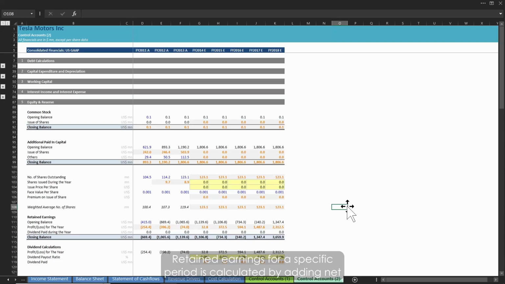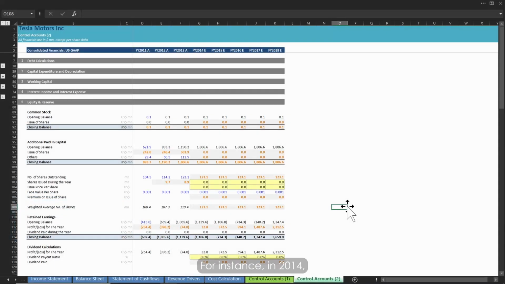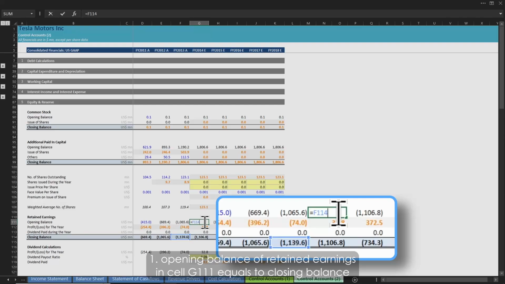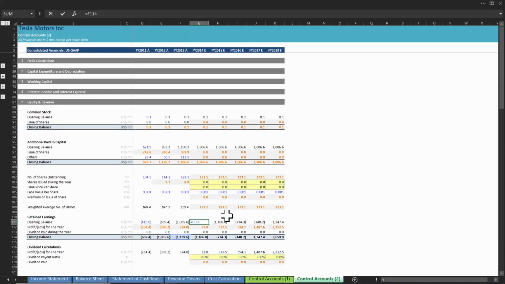Retained earnings for a specific period is calculated by adding net income or subtracting net losses from beginning retained earnings and subtracting any dividends paid to shareholders, cell B111 to B114. For instance, in 2014, 1. Opening balance of retained earnings in cell G111 equals to closing balance from previous year, that is, cell F114. 2.